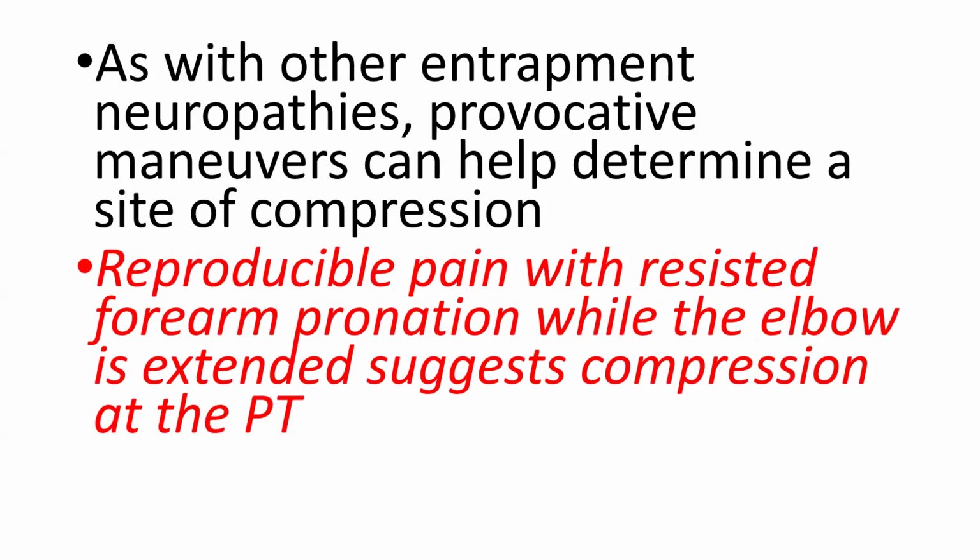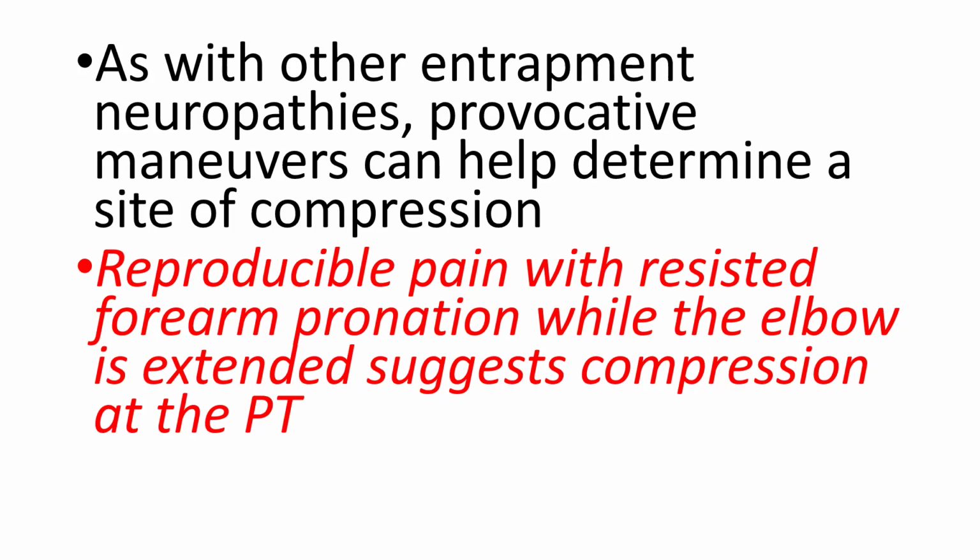I have to go very quickly. As with entrapment neuropathies, provocative maneuvers can help determine a site of compression. Reproducible pain with resisted forearm pronation is typical. For the pronator teres, we said the median nerve is passing in between both heads.